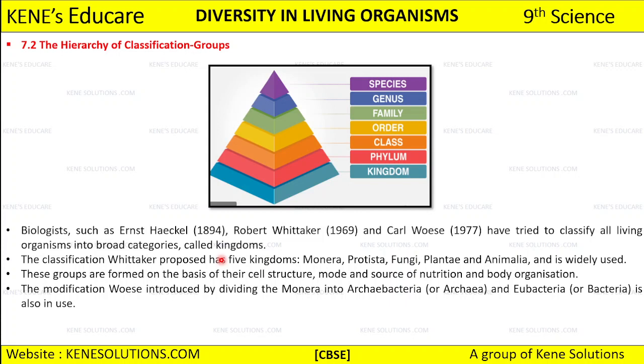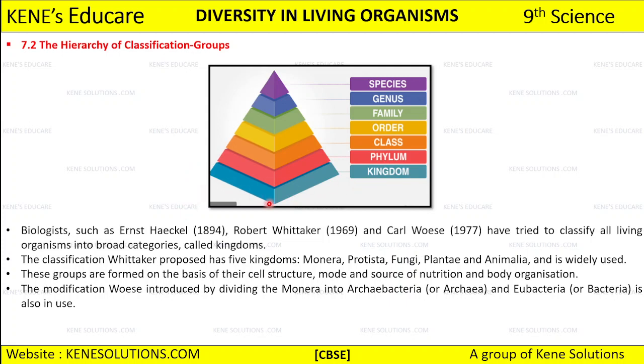Robert Whittaker sir, Ernest Haeckel, Carl Woese, they were all trying to classify the living organisms, and this all started from the year Ernest sir started doing it. That is, from the year 1894 they started categorizing or classifying the living organisms into broad categories, which we call kingdoms.